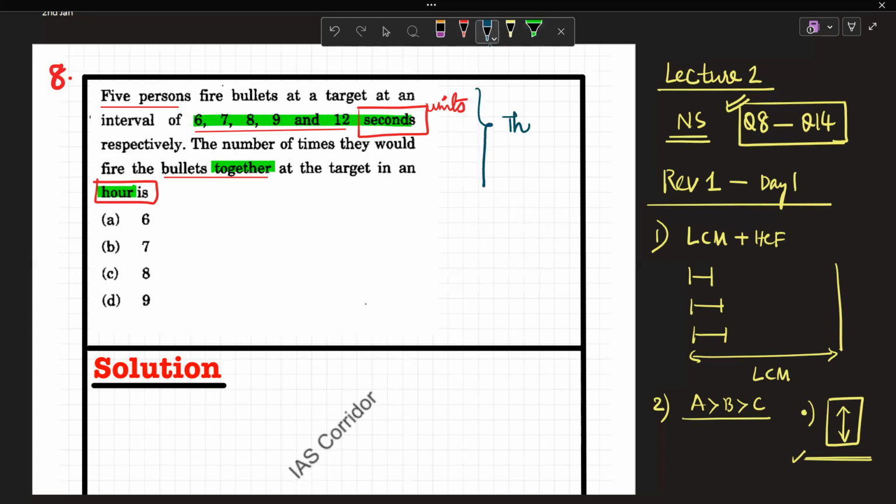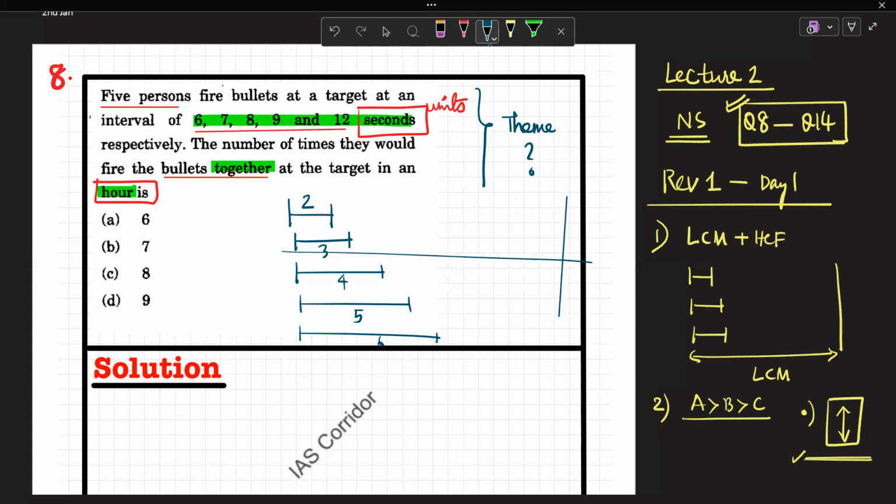Can you recognize the theme of the question? Yes, definitely. We did this question yesterday also. If a group meets after 2 days, another group meets after 3 days, another after 4 days, 5 days, 6 days, within 180 days, how many times will they meet together?